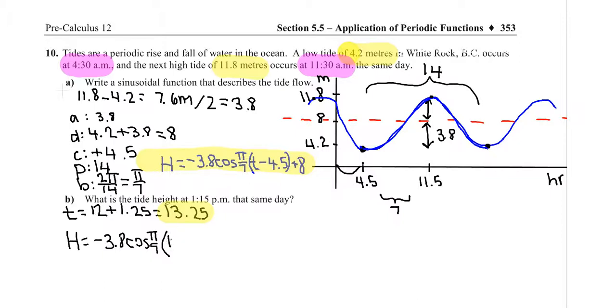So 13.25 minus 4.5 plus 8. Now if you just punch some buttons on your calculator, you'll find out that the height is equal to 10.69 meters. So that is our answer. Okay, thanks for listening.